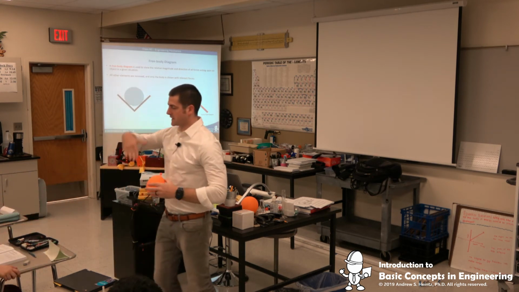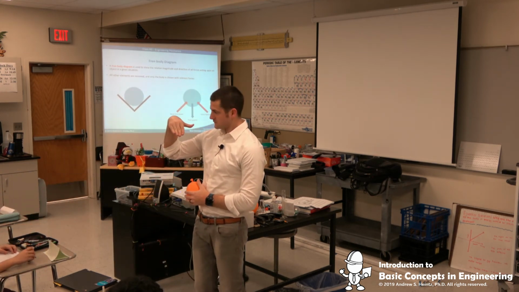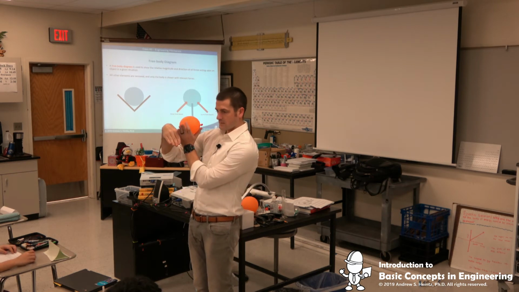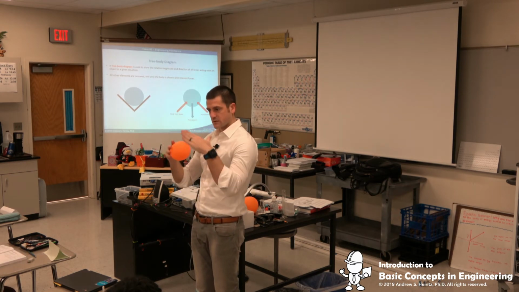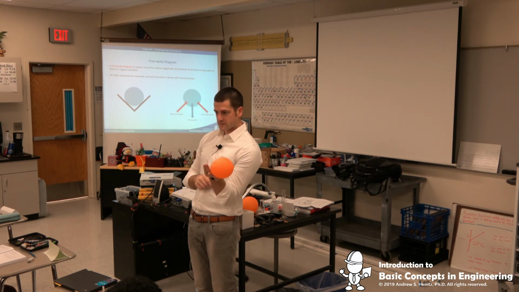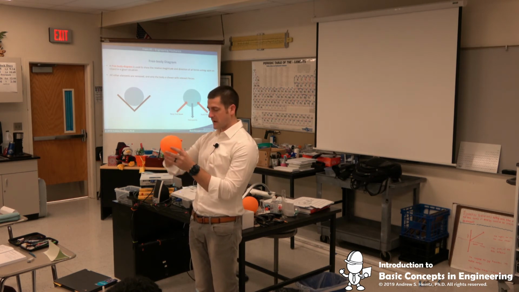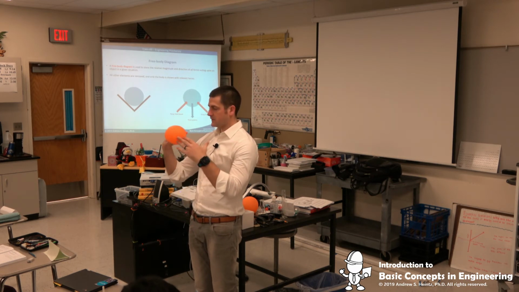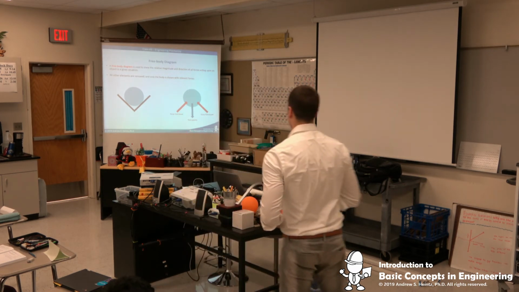Correct. Because the plates here are at an angle, they're pushing like this and pushing like this. If one was pushing more, what would happen to the balloon? It'd go this way, or it would go this way. So we have the downward force, then we have these two pushing it.